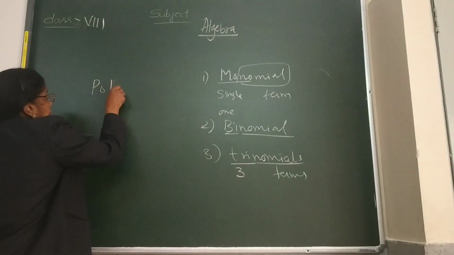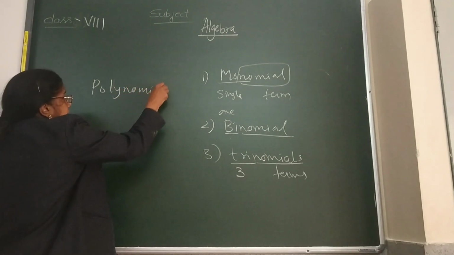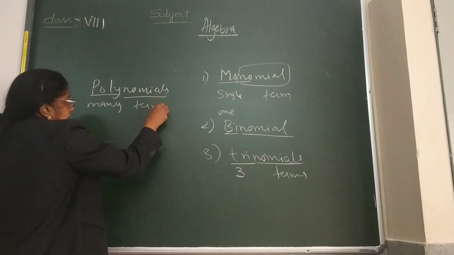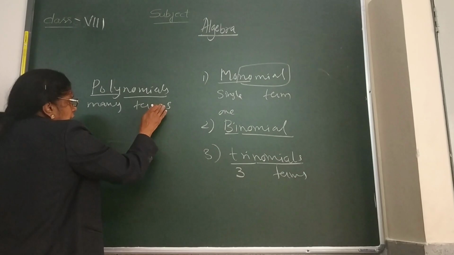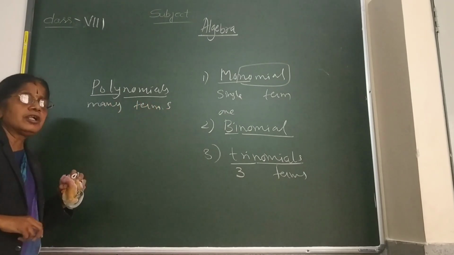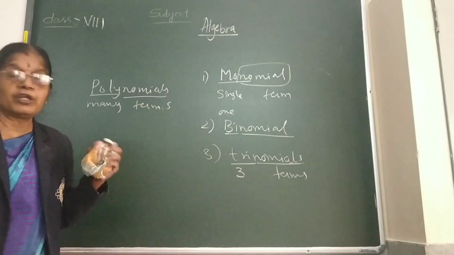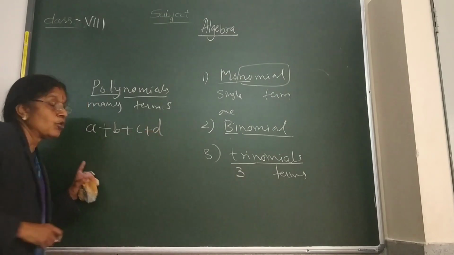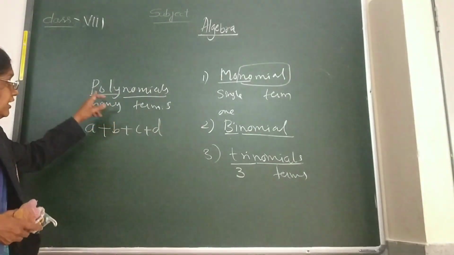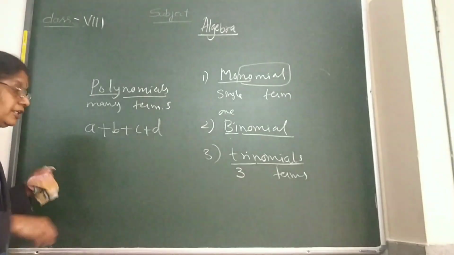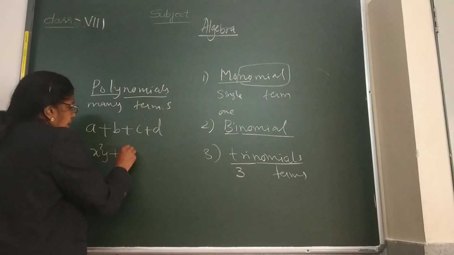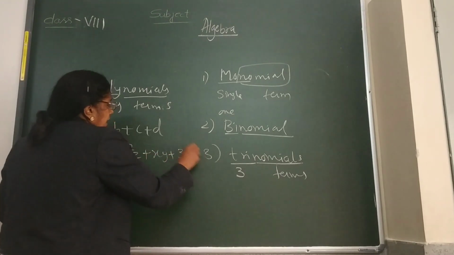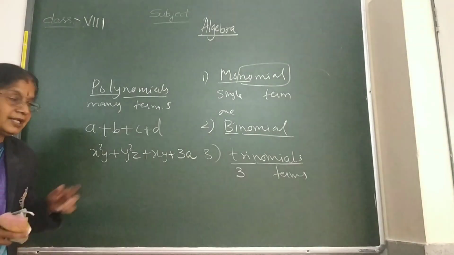Last we will go to polynomials. Poly means many, nomial means terms. Even one term is also called a polynomial, two terms is also a polynomial, and more than two terms is also a polynomial. For example, A plus B plus C plus D has more than three terms.